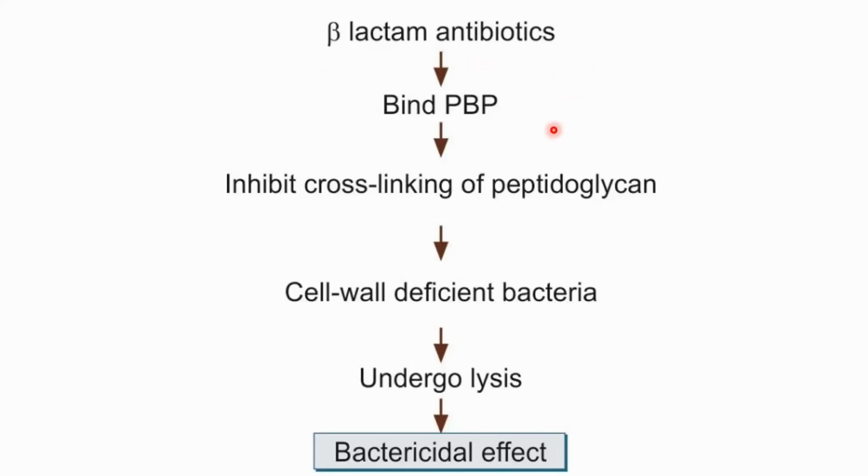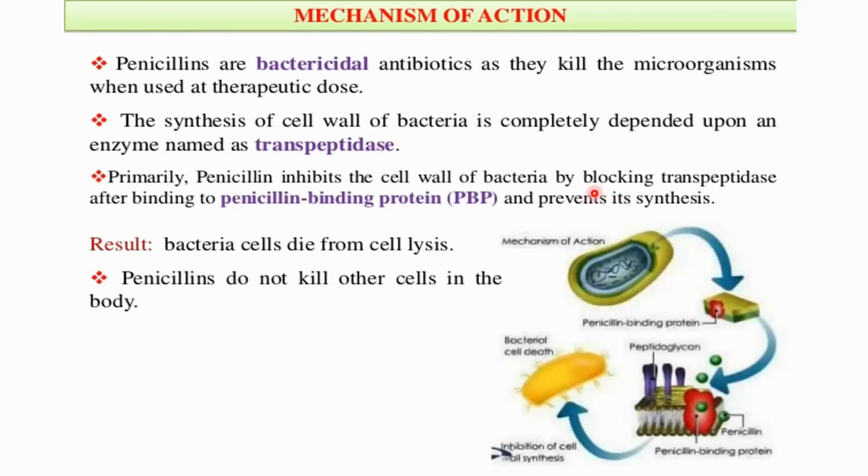These antibiotics will bind with penicillin binding protein, and they will inhibit the cross-linking of peptidoglycan. How will they inhibit the cross-linking of peptidoglycan? By inhibiting the transpeptidase enzyme. Basically this enzyme is responsible for cross-linking in the cell wall.